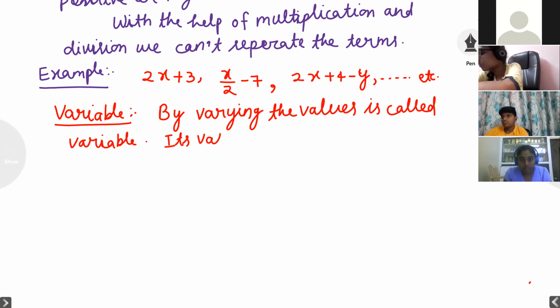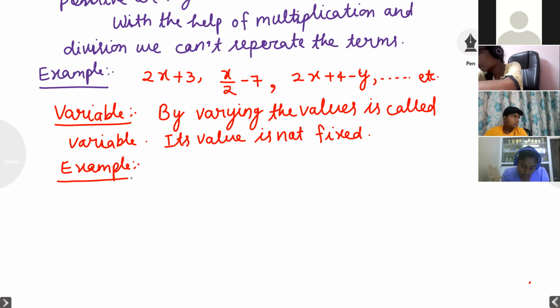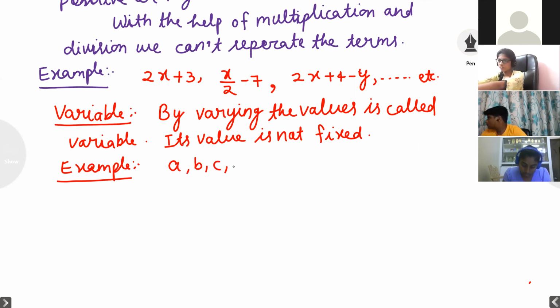Its value is not fixed. Example, small a, small b, c, d, x, y, z.